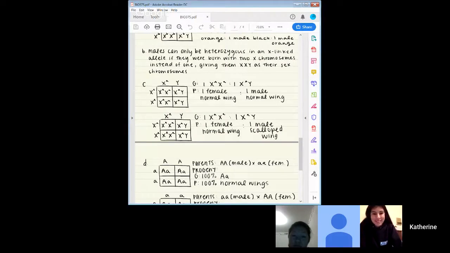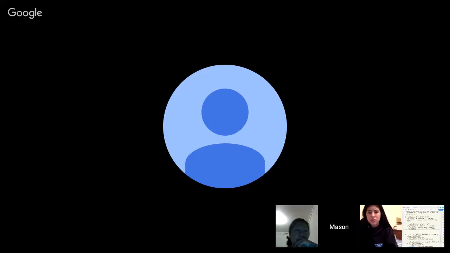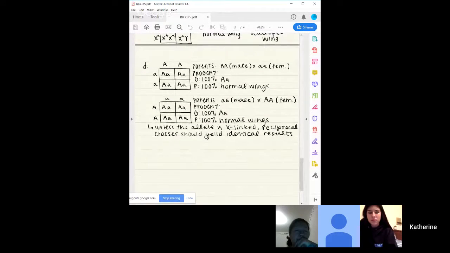Yeah. Okay. And then for D, this question concerns the scalloped phenotype described in part C. Assume that the scalloped phenotype is the result of an autosomal recessive mutation. Indicate the genotypes and phenotypes of the progeny produced when reciprocal crosses are done.